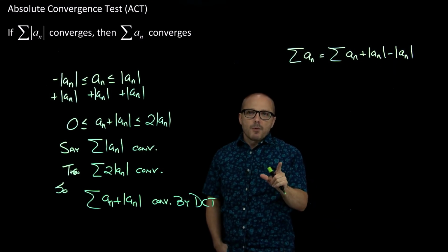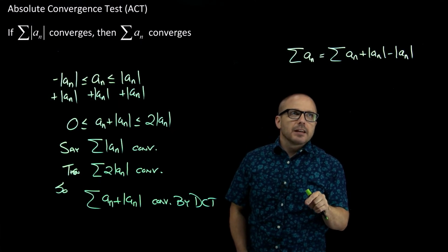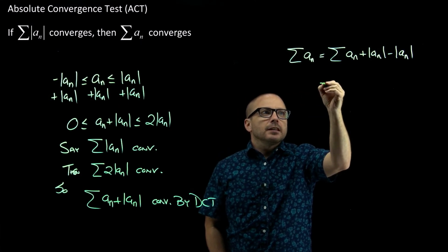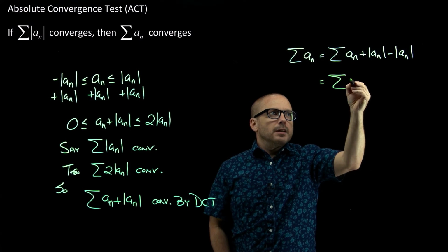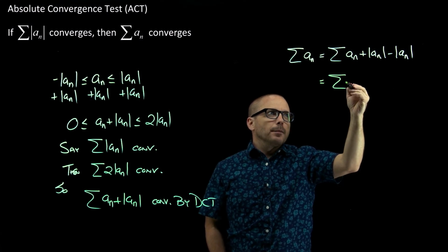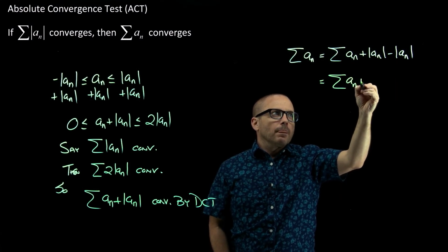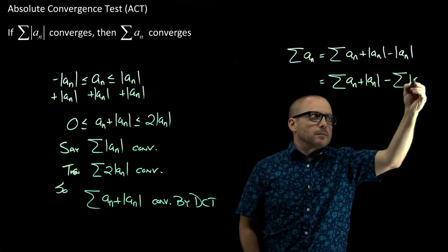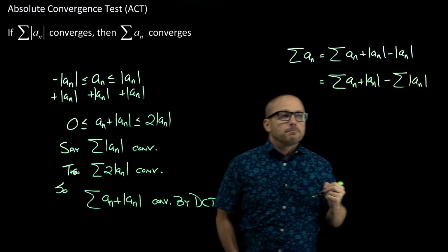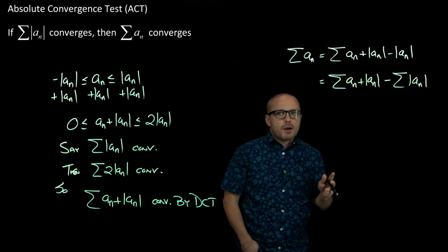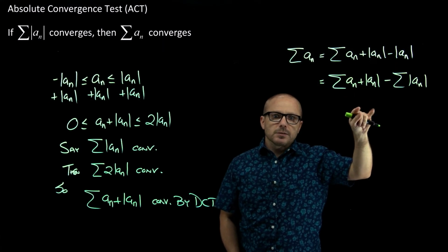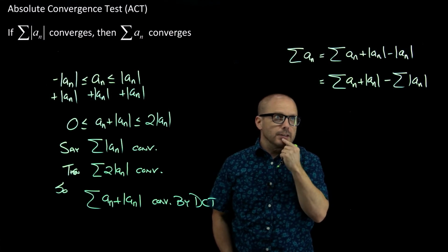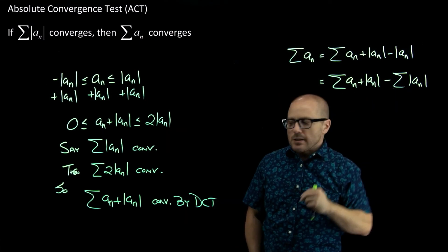But we know from our properties of series that as long as it's convergent, it would be equal to this, right? That was a property of series that you can break up addition or subtraction so long as they're convergent series. Are these convergent series? Well, yes.